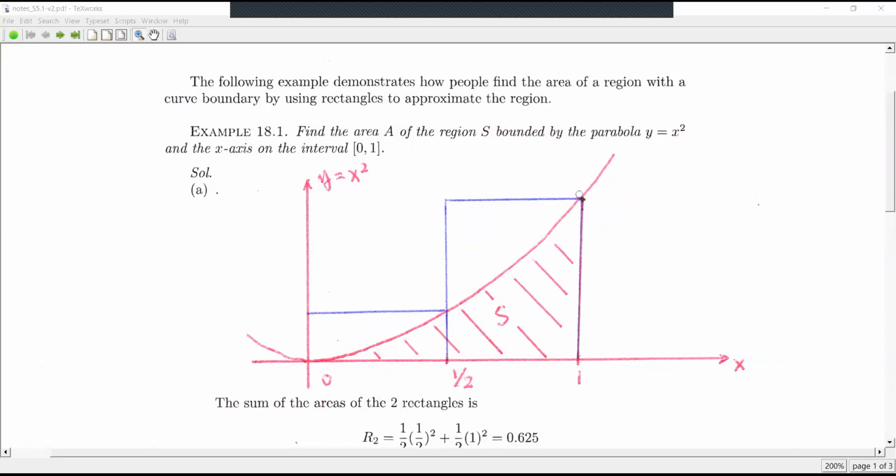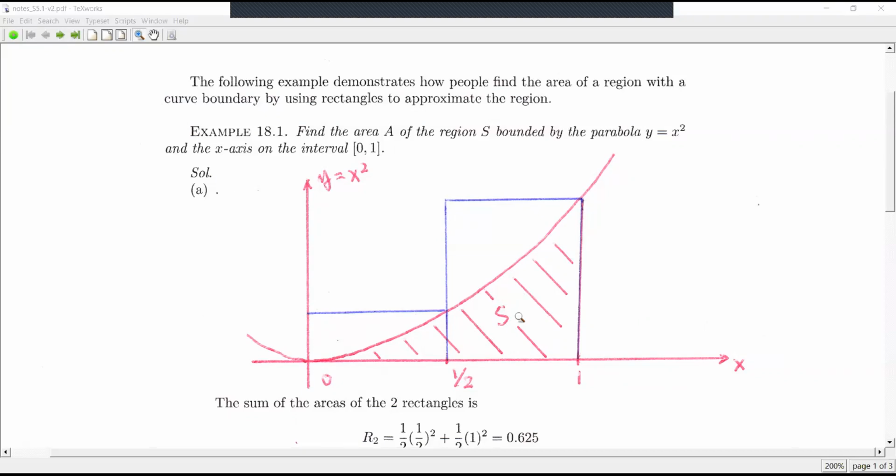It is not a straight line. If the top boundary is a straight line, the region is just a triangle. Its area is easy to tell. But now, S is not a triangle because the top boundary is a curve. Now, how to find the area of this region?